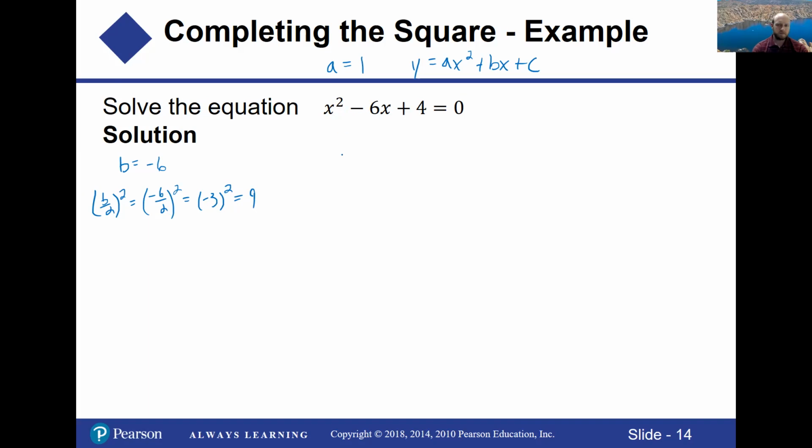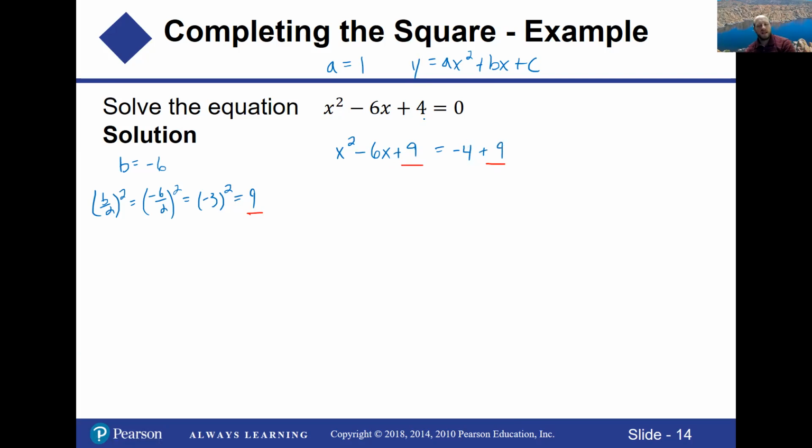So what I want to do is have this x squared minus 6x, and I'm going to move the 4 over to clear a space for this b over 2 squared term. This 9 value that I got from b over 2 squared is going to go here, plus 9, and it's also going to go over here, plus 9.